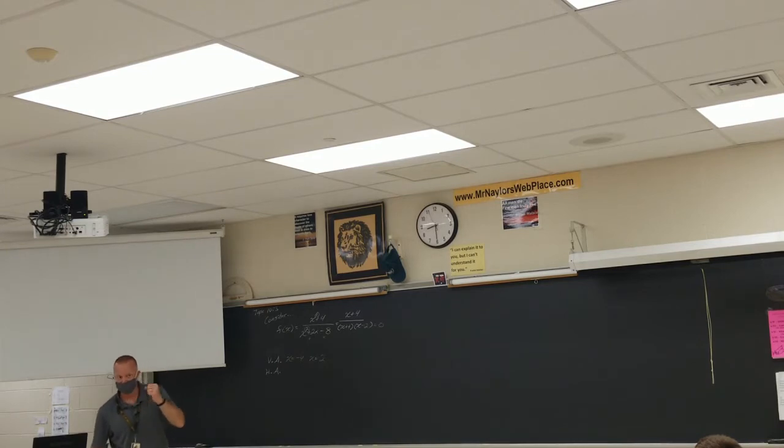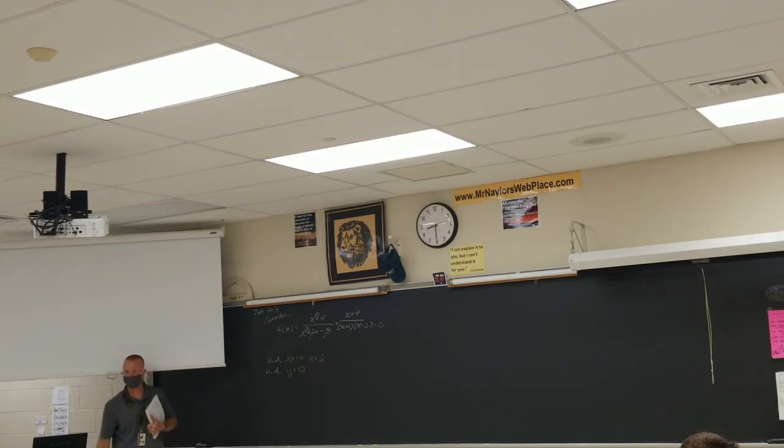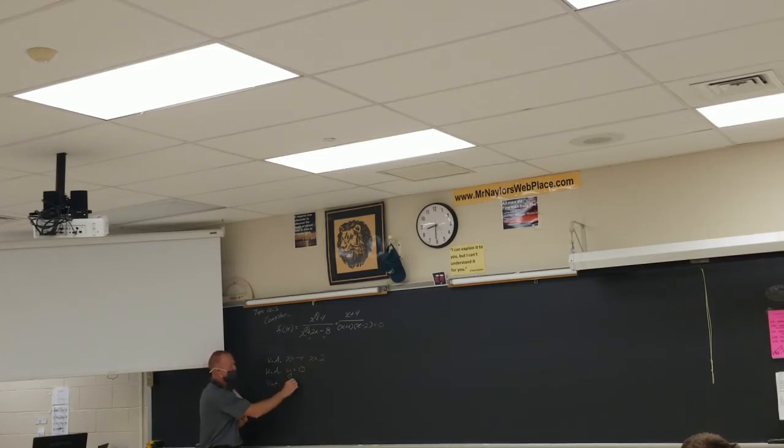If you like Family Feud, survey says, y equals 0. Ding! It's the only answer on the board. 100 people said y equals 0. So it's the only right answer. Is there a slant asymptote? No. Maybe we can say none, or maybe that's not even on the list.